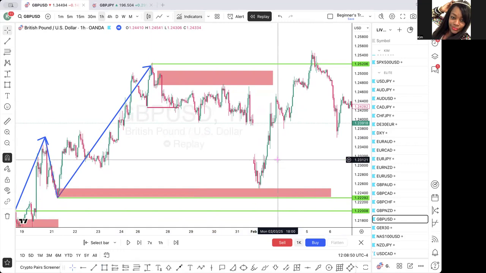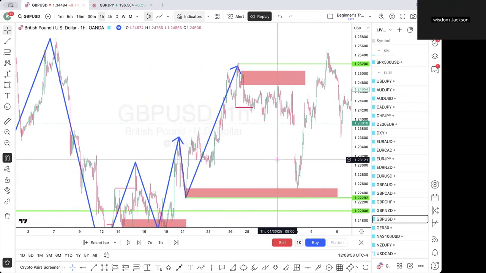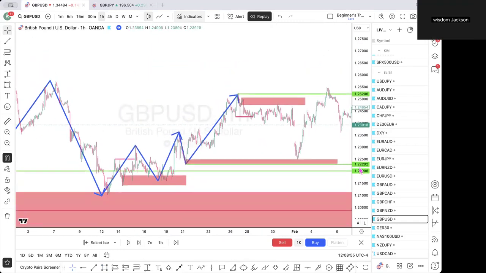Okay. So is this why you mark your internal structures from your higher time frame? Absolutely, yes. That's why I started you on the daily, so you can have a clear view of where you are in the market.